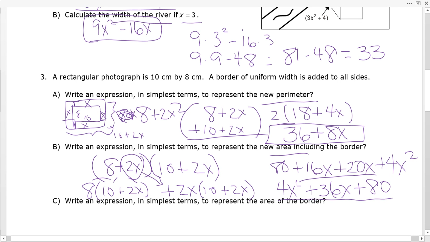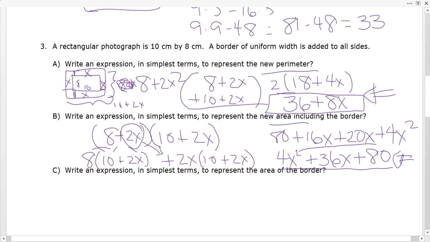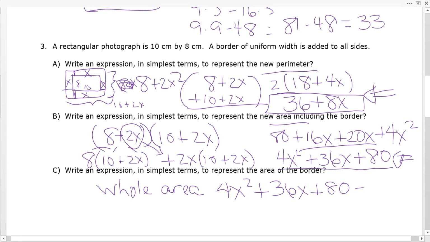Notice the difference when you multiply, which is area, and add, which is perimeter, right? Makes a big difference when you multiply. Okay, so if I want the area of the border, I'm going to take the area of the whole thing, which is 4x squared plus 36x plus 80, and I'm going to subtract 8 times 10, which is the area of the picture because it's an 8 by 10 picture.